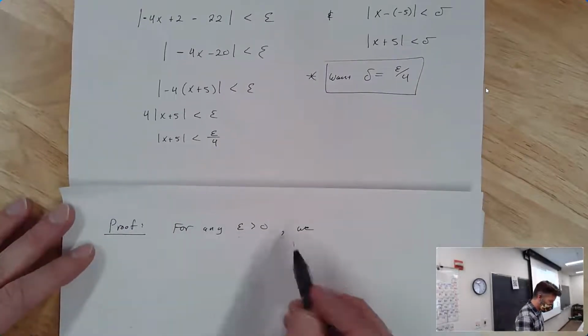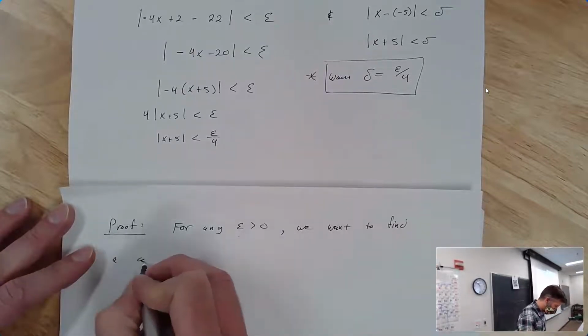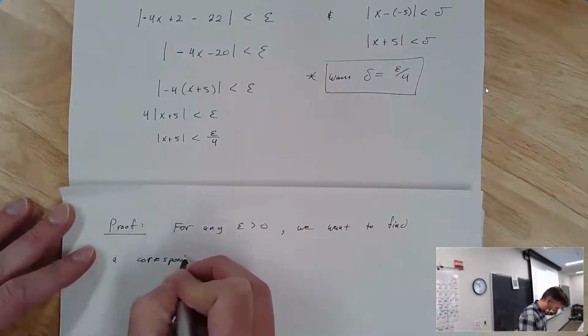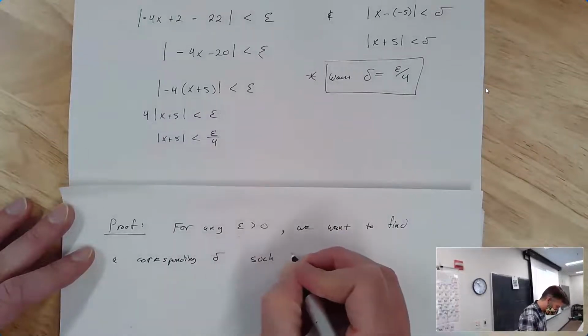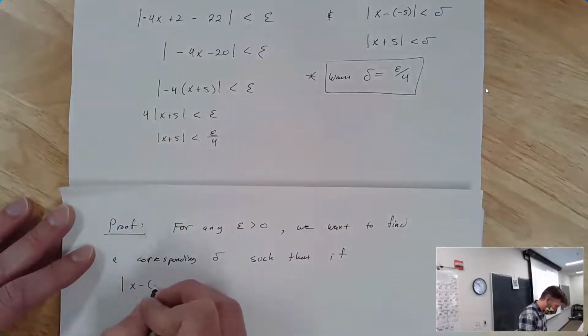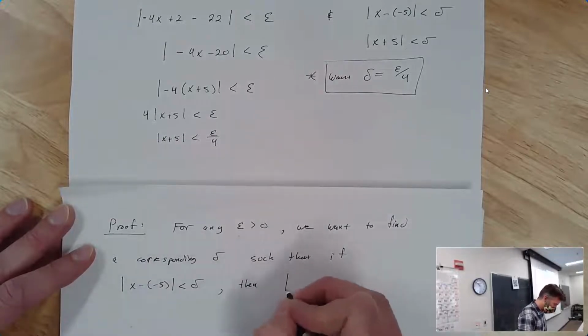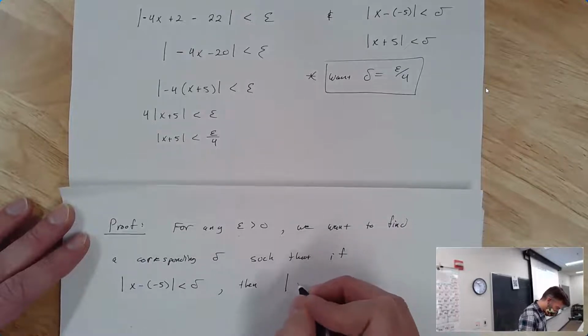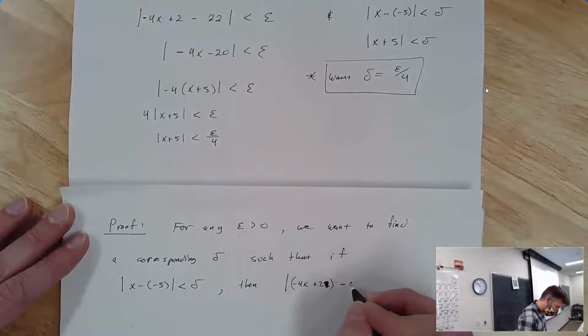For any epsilon greater than 0, we want to find a corresponding delta, which we just found, such that if the absolute value of x minus -5 is less than delta, then the absolute value of our function, negative 4x plus 2, minus 22 is less than epsilon.